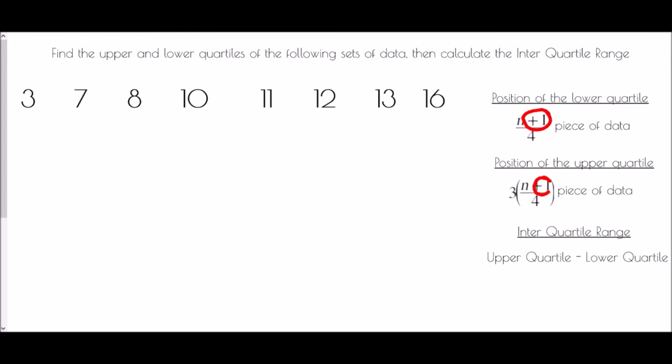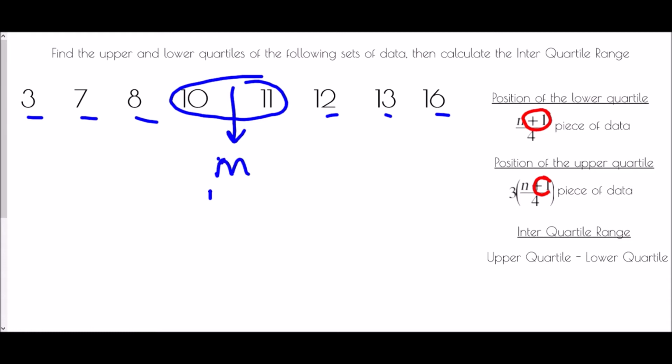We've added 1 to the number of pieces of data, so no matter what, we're going to end up with a decimal. And so this is where I prefer the actual method of just counting in from the middle. So counting in from the outside, smallest and biggest, smallest and biggest, smallest, biggest, leaves me with 10 and 11. And so my median is going to be right in the middle of those two values at 10.5.